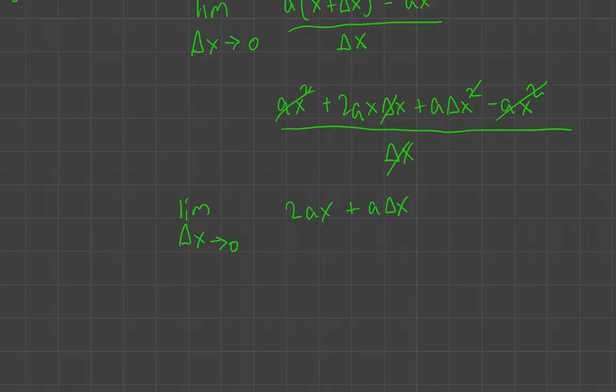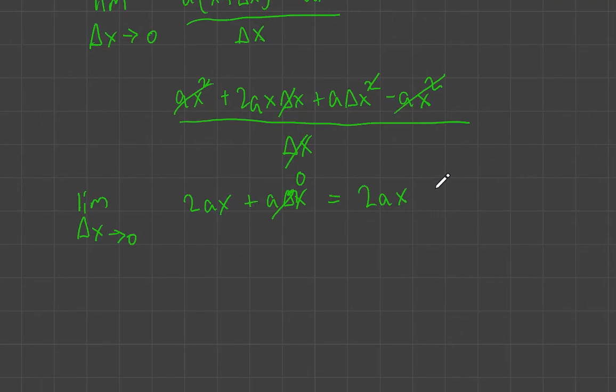And if we let delta x go to 0, this is a number times 0, which is 0. So all said and done, 2ax equals the derivative of ax squared.